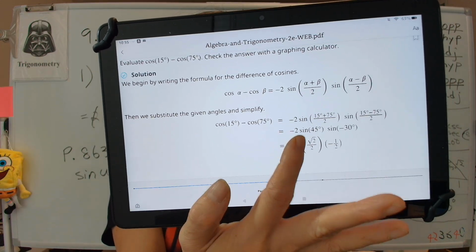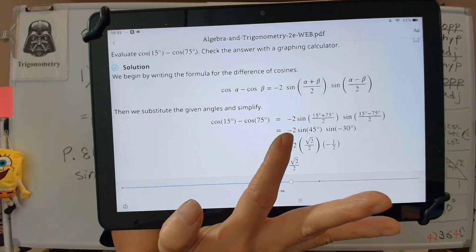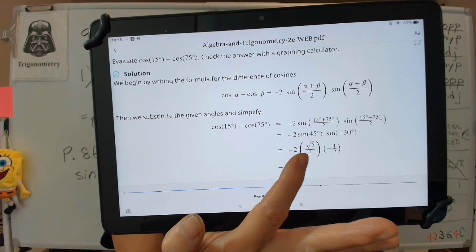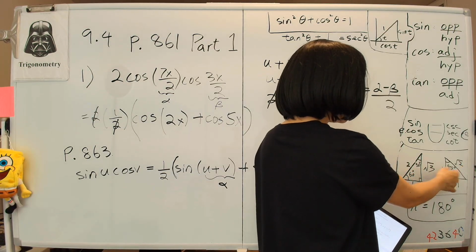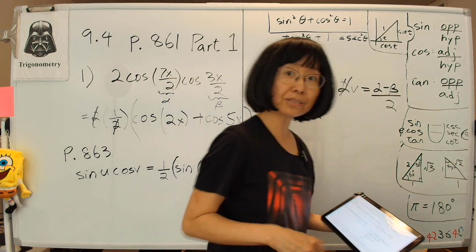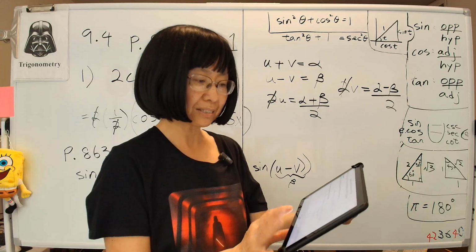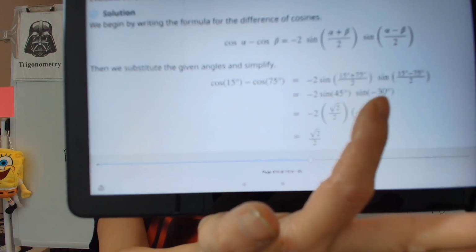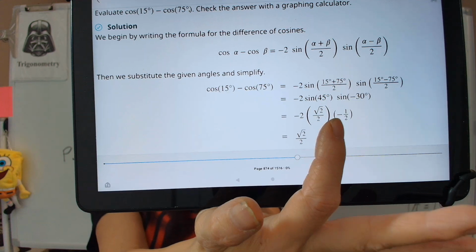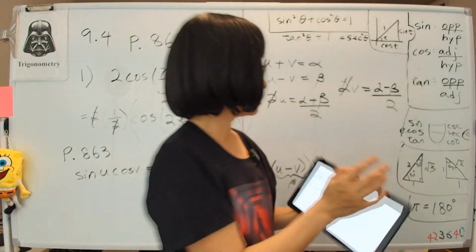Okay, and at this point, remember the sine of 45 is square root of 2 over 2. It says right here. In other words, 1 over square root of 2, which is also square root of 2 over 2. That's sine 45. And then sine of negative 30: sine of 30 is 1/2, which is right here.